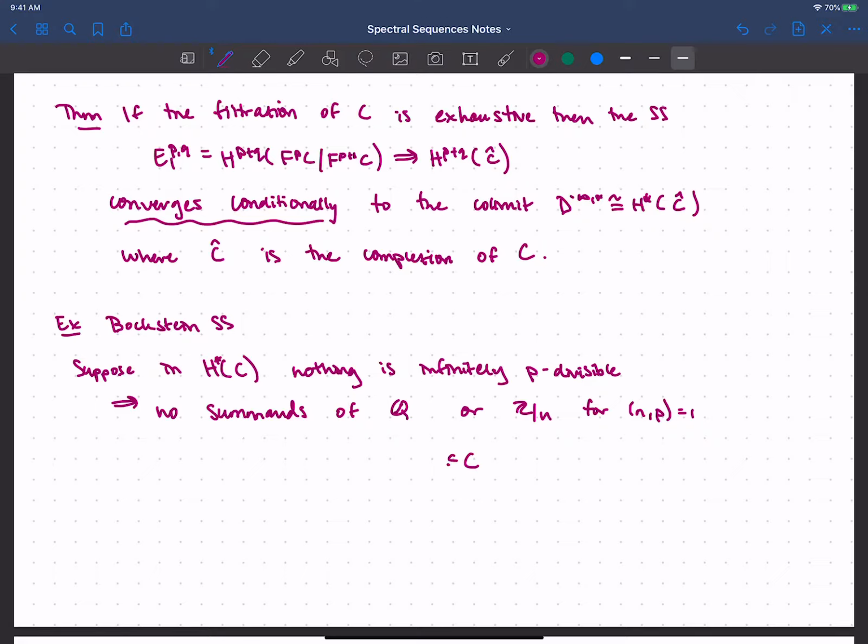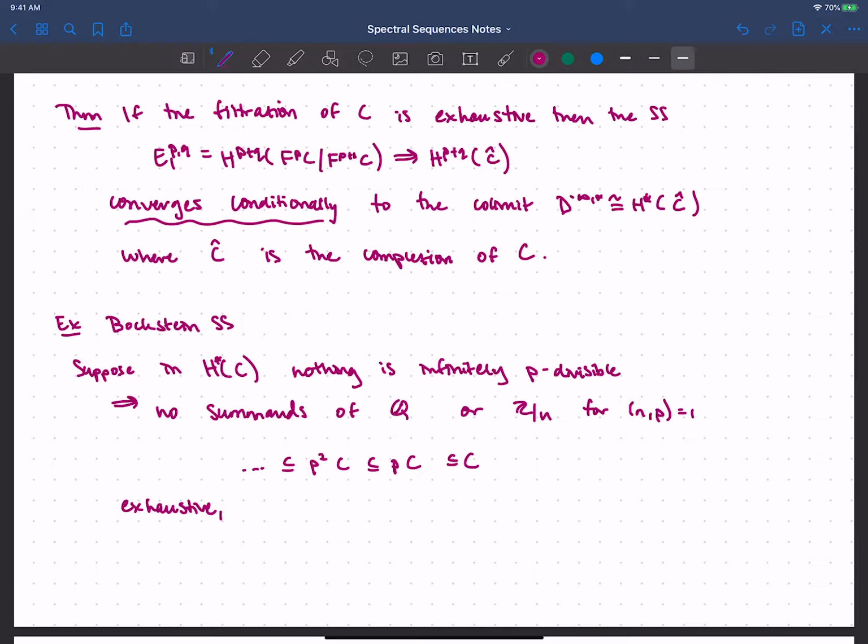Well, then we could take our chain complex and filter it as we have before by the powers of p. And now I'm saying that nothing in homology is infinitely divisible, but I'm not saying that that's a finite filtration on C. It's definitely exhaustive the way I've set it up. So I just made C the 0th filtration, I suppose, or the first filtration, however we want to name it.